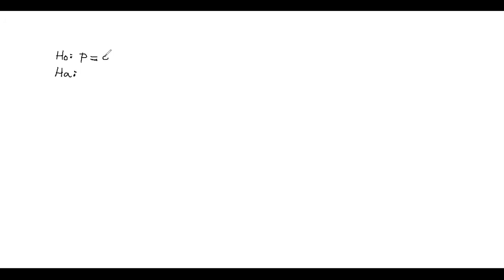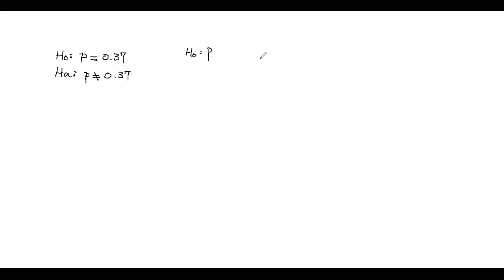People say we have 0.37, that means 37%. As a researcher, you can say, I don't think it's 0.37, but I'm not sure if it's bigger or smaller than 0.37. So you can say, it's not equal to 0.37, not equal to 37%.